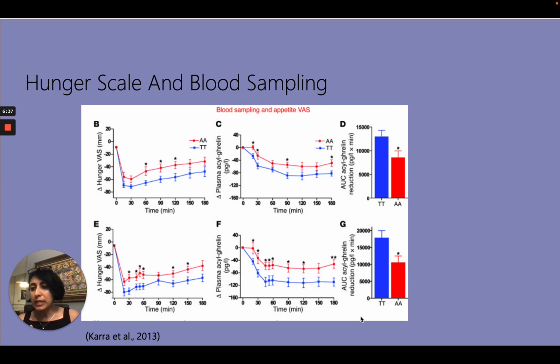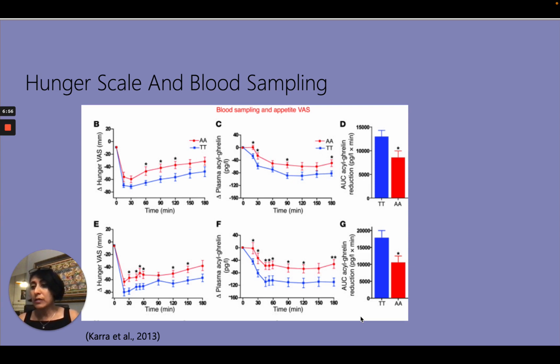So these findings suggest that altered circulating ghrelin post-meals might contribute to altered appetite and food intake that we see in AA subjects. So basically, they're eating more because their ghrelin levels continue to be high.